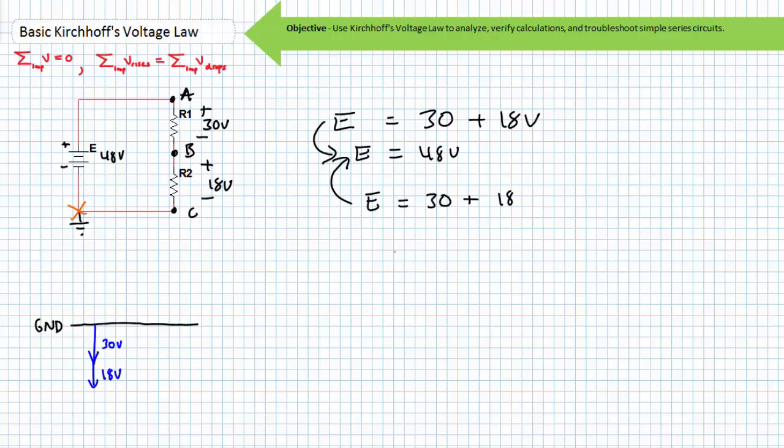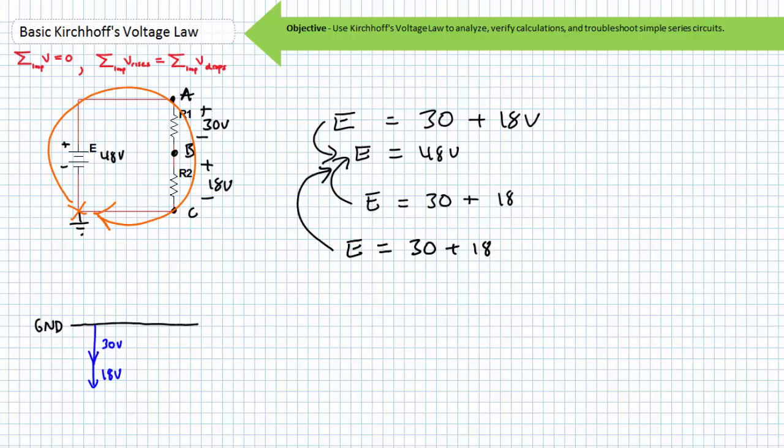Starting at our new ground reference on the negative terminal and traveling in this direction, we rise our unknown value E, then drop 30 volts, then drop an additional 18 volts. It can again be stated that our source is providing a 48-volt rise. The only difference between this and our other circuits is that this is now referenced from ground, and the positive terminal is now 48 volts higher than ground.